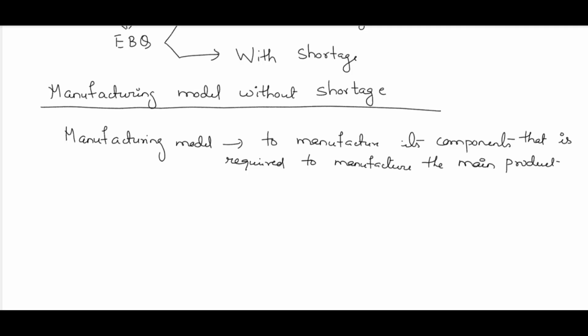In this case, the rate of consumption of the item is uniform throughout the year, because you are manufacturing and it's under your control.